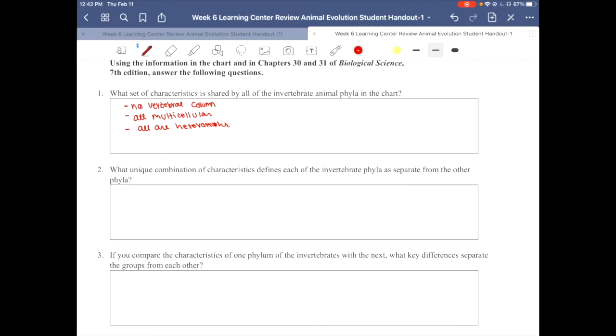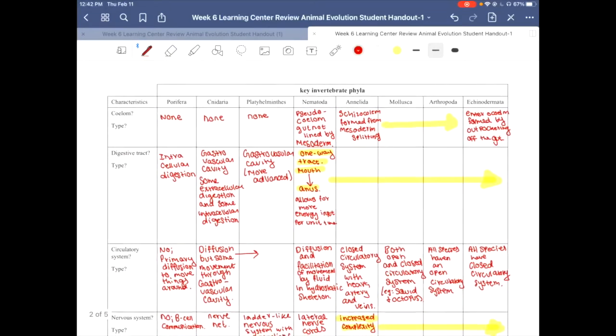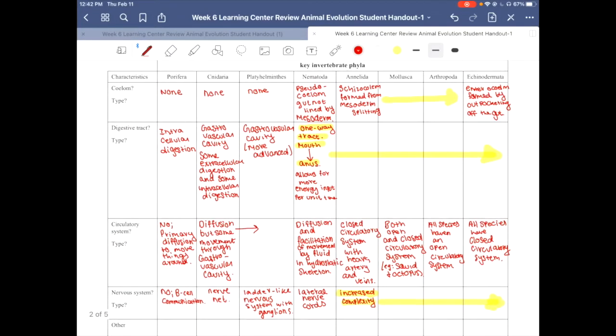So for example, I'm just going to go back really quickly. Here, we're seeing that for the Porifera, we have intracellular digestion, but for the Cnidaria, we're seeing a gastrovascular cavity. That would be a key characteristic from one phyla to another because it differs.